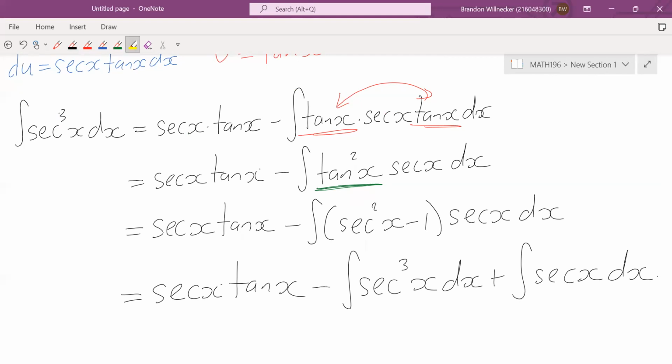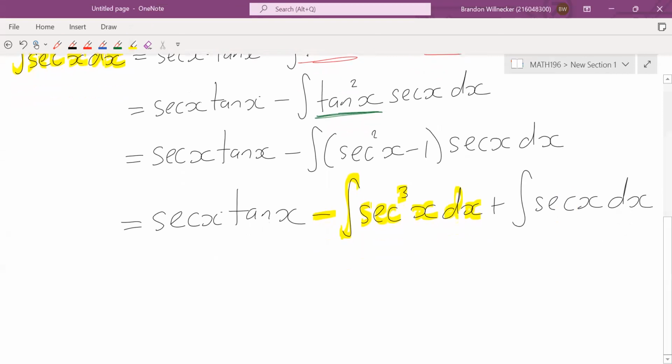So why is this term interesting here? Because our original integral was sec cubed x dx, and now we see that we've got minus the integral of sec cubed x dx. It's very similar to what we did with the integral of e to the x sine x. Remember, we had to do integration by parts twice, and then we took the term over to the other side.